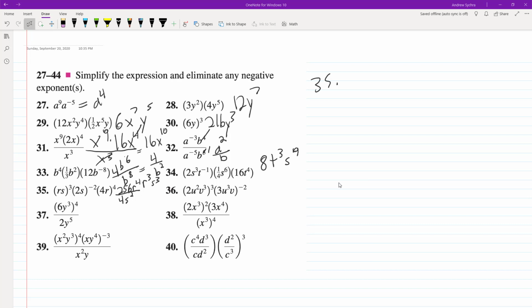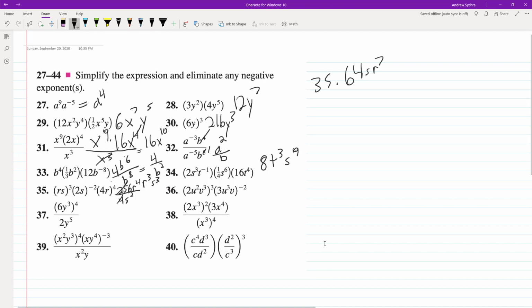So essentially what we're going to end up with here is 64, because this cancels out down to 64 again. 64 s r raised to the 7th. Okay.